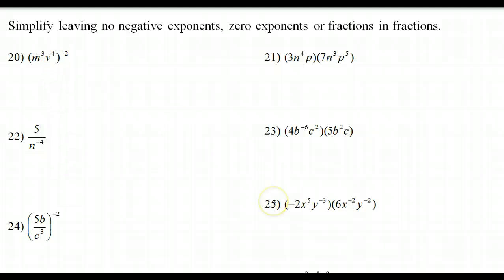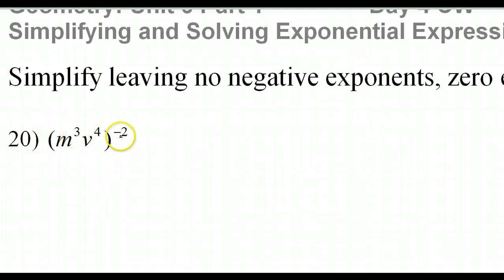Okay, let me zoom in. When you have a power raised to a power, you multiply. So I'm really going to wind up multiplying both of these by -2. So that's going to give me m to the -6th power and v to the -8 power.